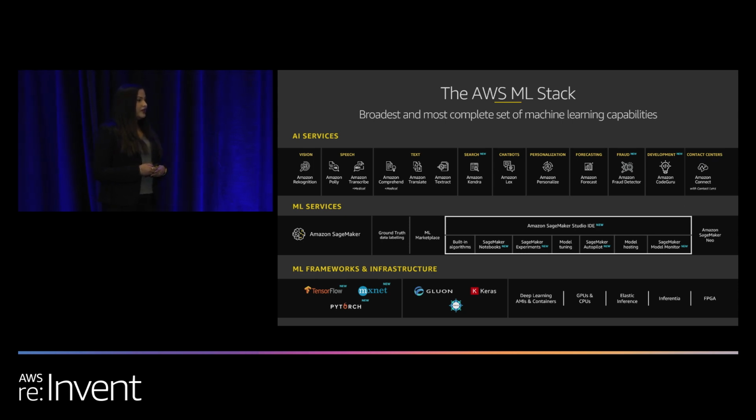Next, you have machine learning services, our SageMaker platform, that enables scientists to train and manage machine learning models. And finally, you have AI services, which allow customers like yourself to incorporate machine learning in your applications. And this is where we are today.